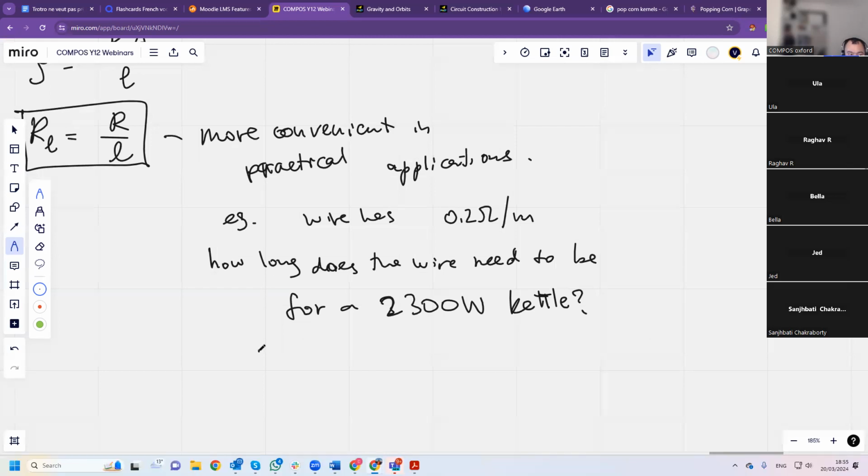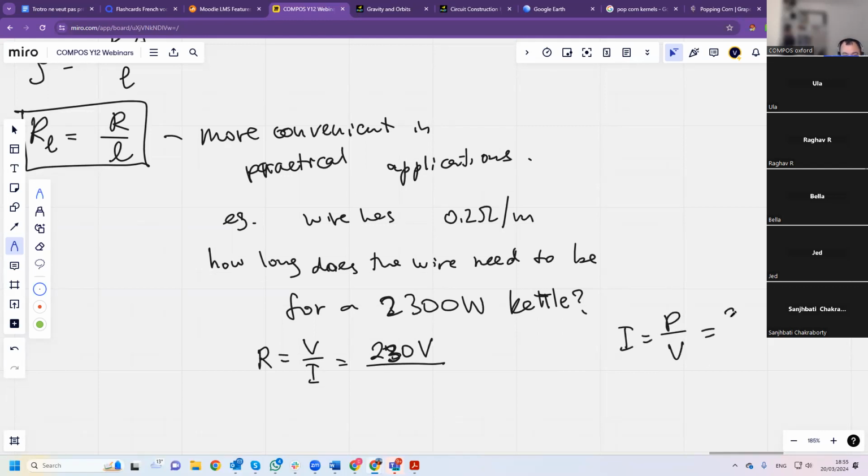Well, you know that the voltage of the mains is 230 volts. So the resistance is voltage divided by current. The voltage is 230 volts, and the current is power divided by voltage, so it's 10 amps. So that's 23 ohms.